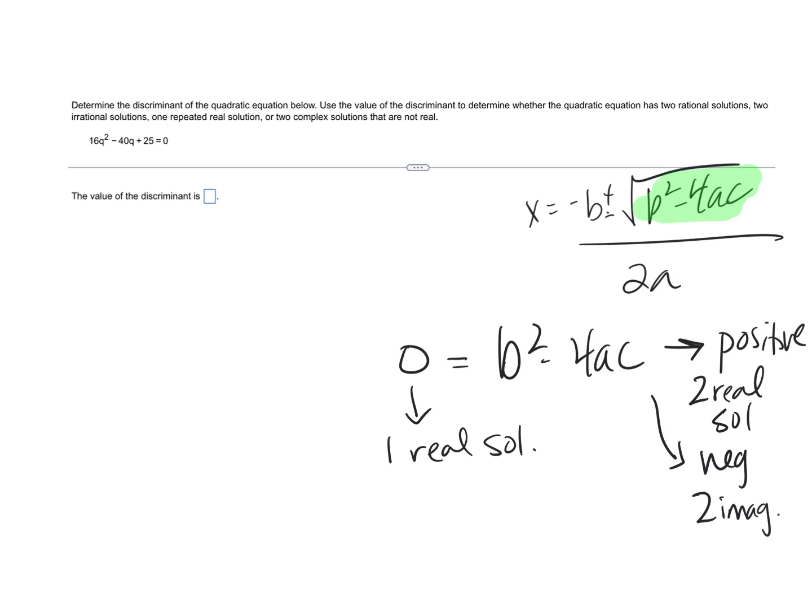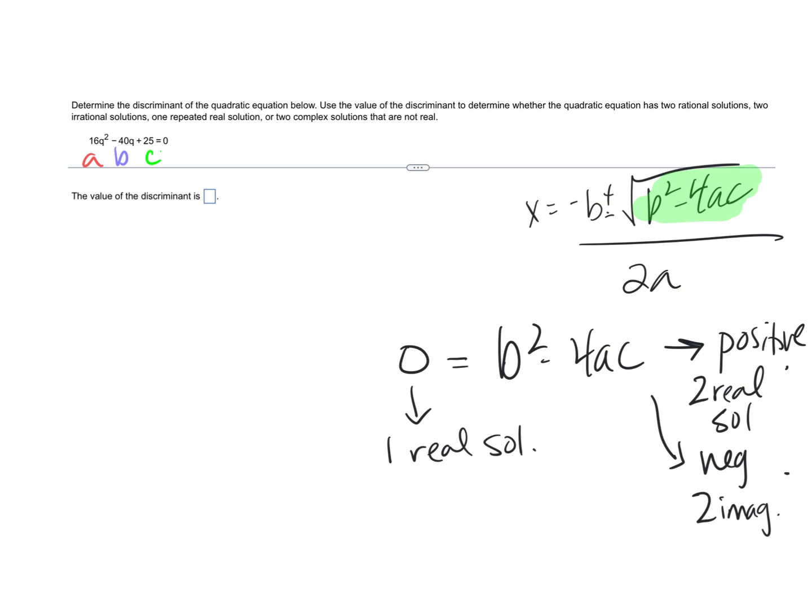So I need to know a, b, and c, just like I did for the quadratic formula, but all I have to do is b squared minus 4ac. And then I have to see, is it positive, negative, or does it equal 0? And then based on that, I can determine whether I have 2, or no, or exactly 1 real solution. So here my equation is 16q squared minus 40q plus 25 equals 0.